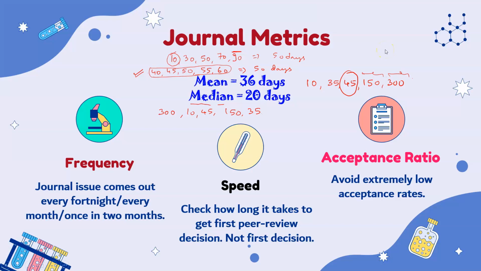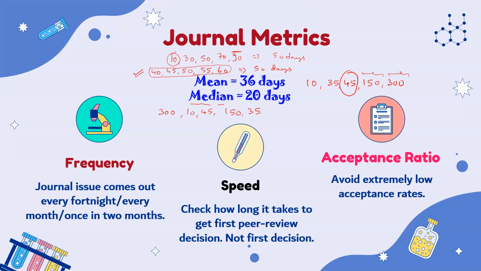So I think these are the factors in addition to checking whether the article is within the scope of the journal or not. That is the first and foremost thing, because if your article does not lie in the scope of the journal, then they will directly reject it, or they will be least interested to consider your paper.